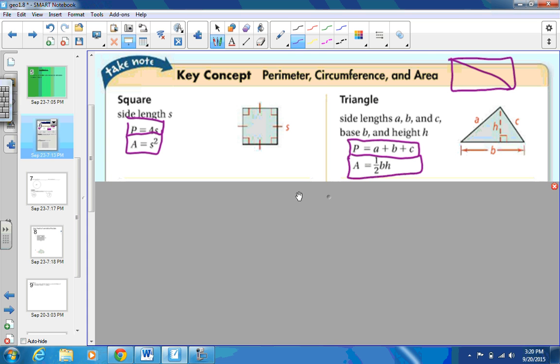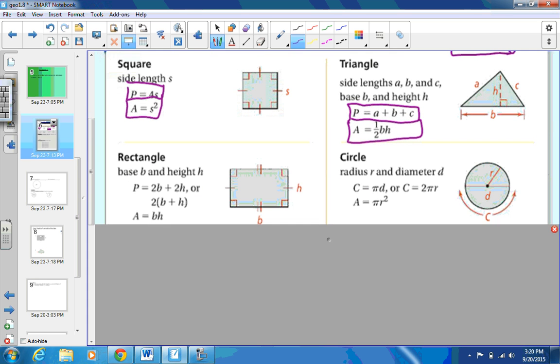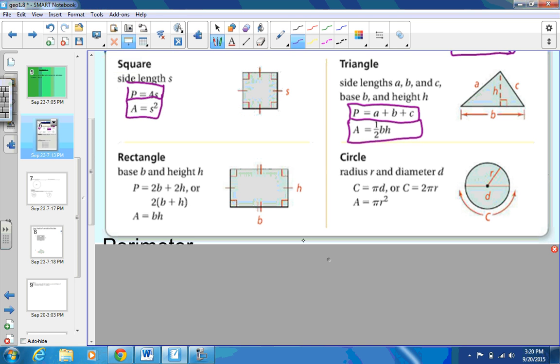All right, there's 2. We have 2 others. One is a rectangle, very similar to square. For the perimeter, 2 times the base plus 2 times the height, or just add up all the sides. And the area of a rectangle is just the base times the height.